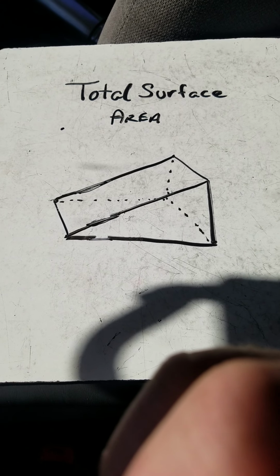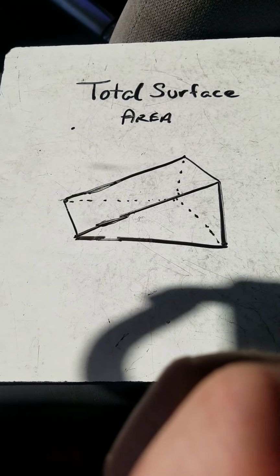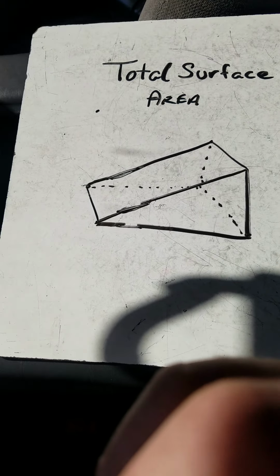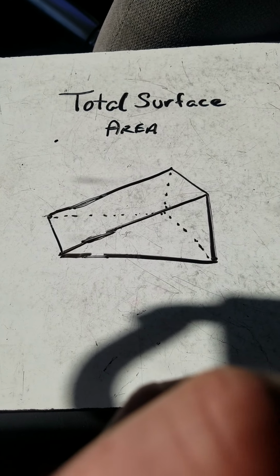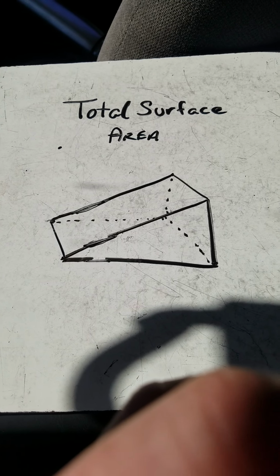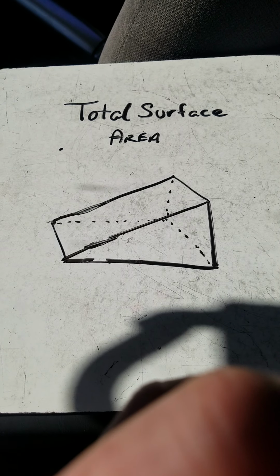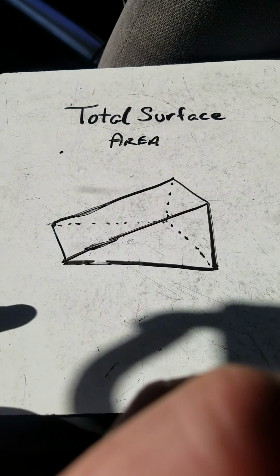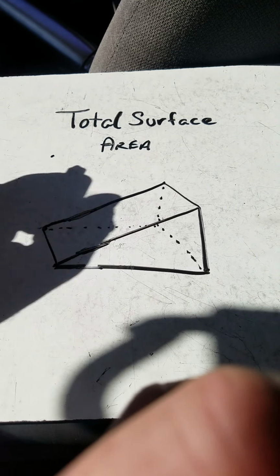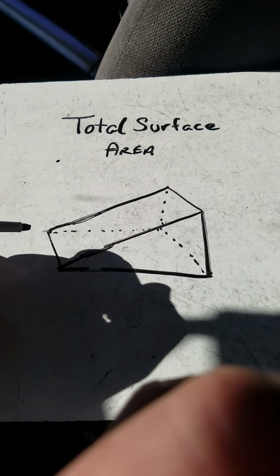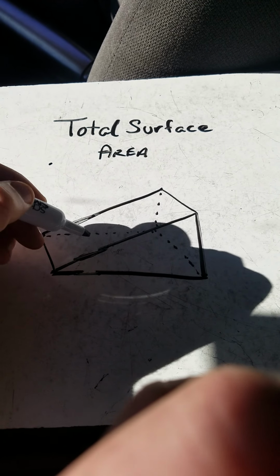There's going to be some measurements that indicate the length of these lines. What we're essentially going to do is find the area of all sides and add them together to find the total surface area.